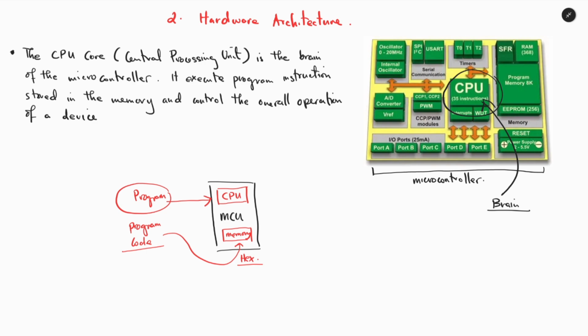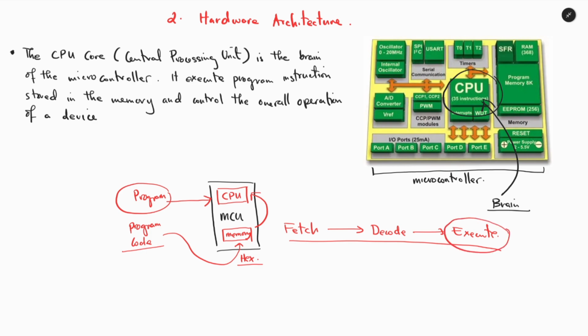From there, the CPU will be able to fetch this information, decode the information stored in the memory, and then execute. So we can say that this CPU fetches information stored in the memory, decodes it, and finally executes.